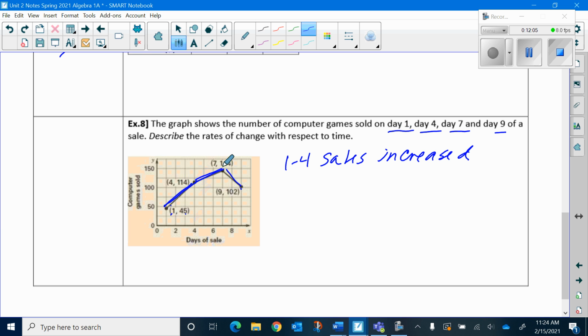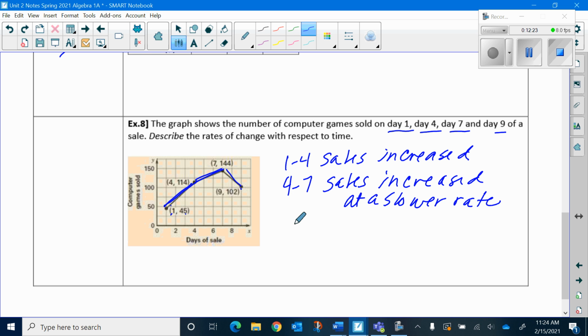They increased as well from day 4 through day 7. Sales increased, but not quite as drastic as the first part, but at a slower rate. And then day 7 through 9, sales decreased in number. So that's basically just kind of like looking at each leg of the graph.